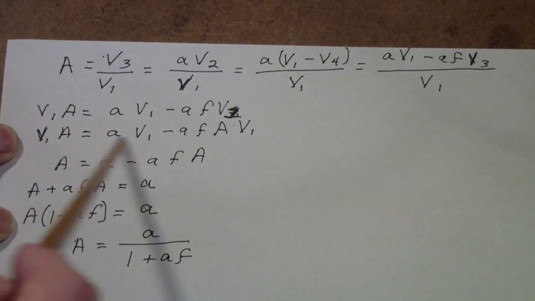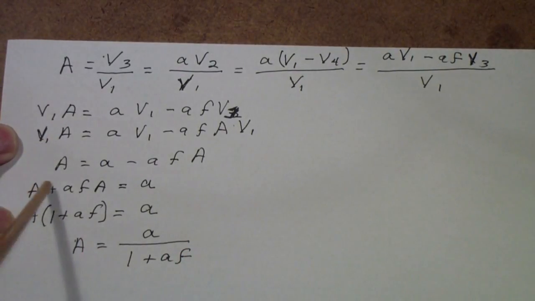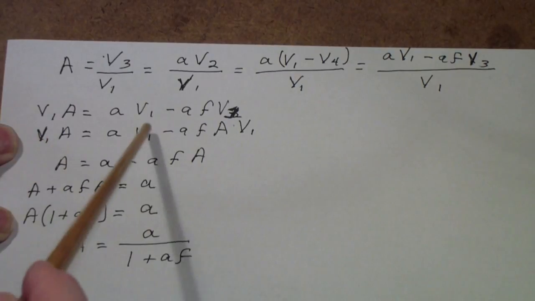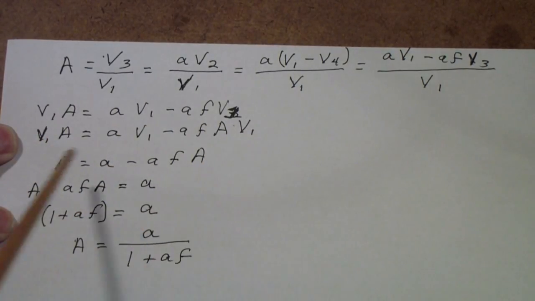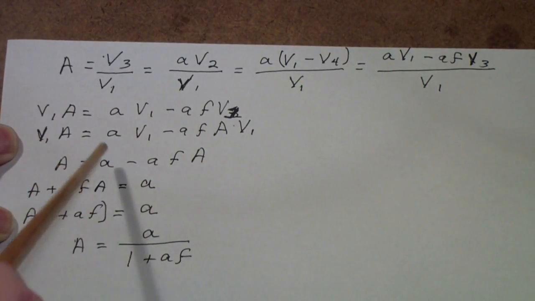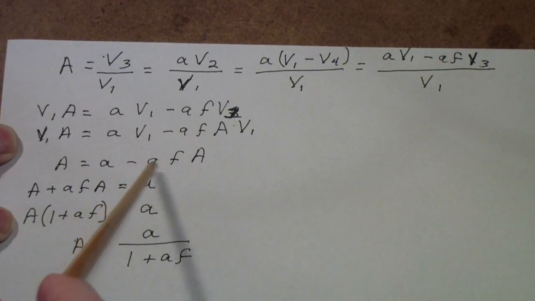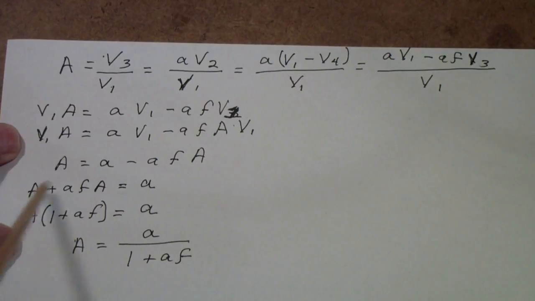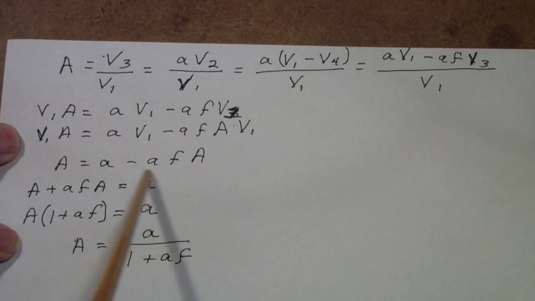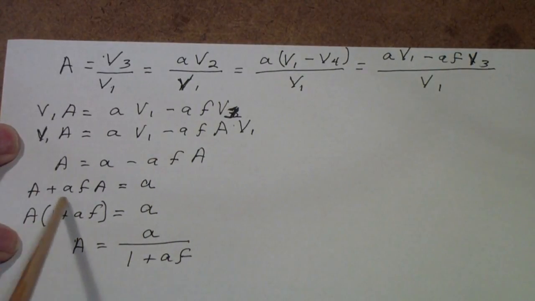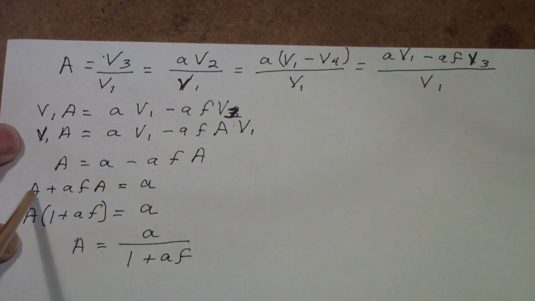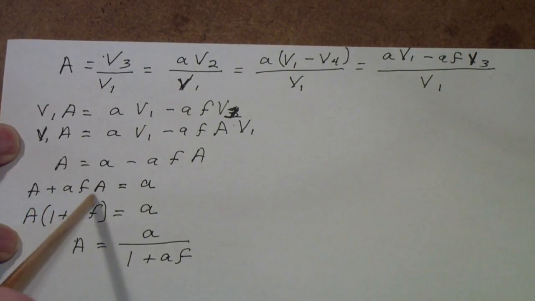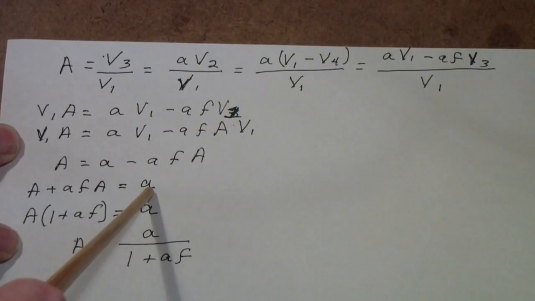Now, I divide through by V1. That gets rid of this V1 and this V1, and we get capital A equals little a minus little a F capital A. Now I move this part over to this side, and of course it becomes a plus. So it's capital A plus little a F capital A equals little a.